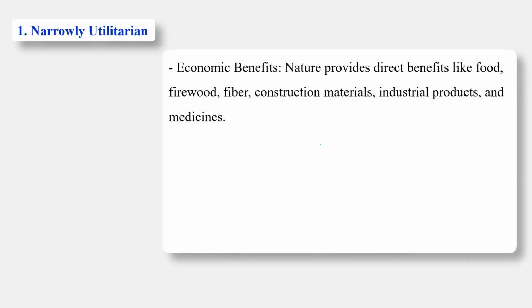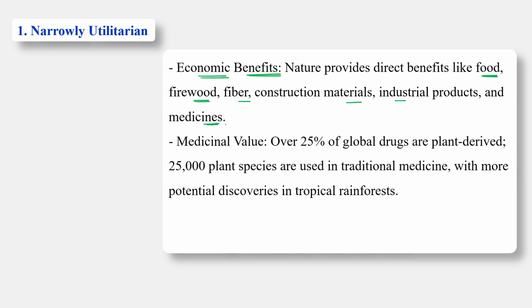First, narrowly utilitarian. If we look at narrow utilization, then economic benefit. We have so many economic benefits because of these bioresources. Nature provides us food, firewood, fiber, construction material, industrial products, and certain kinds of medicine. In medicine, almost 25% of global drugs are plant derived.